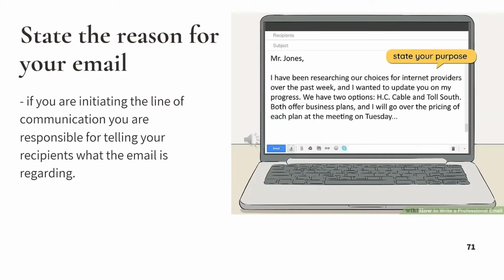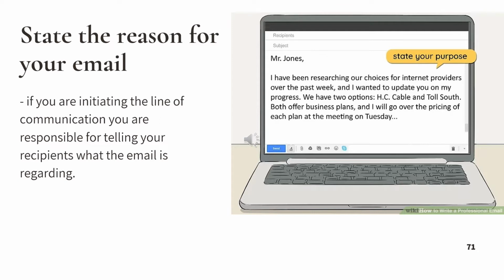Next is to state the reason for your email. So if you are initiating the line of communication, you are responsible for telling your recipient what the email is regarding. It is important to state your purpose, of course, early. So no beating around the bush, direct to the point. Whatever it is that you want to say, make sure you go straight to the point.